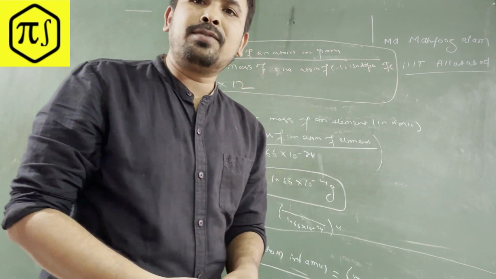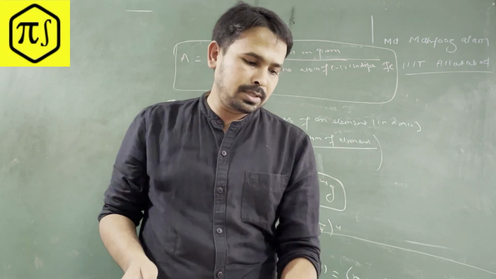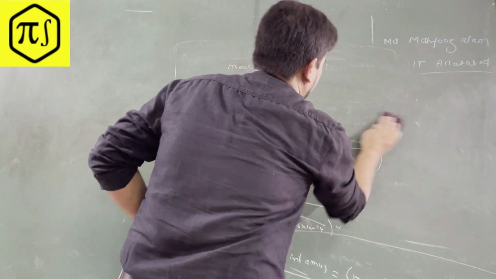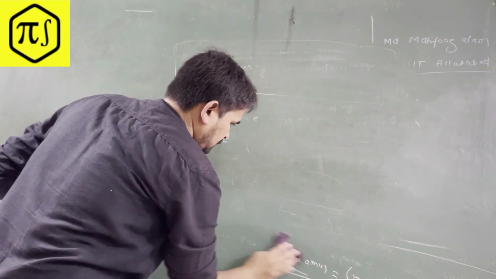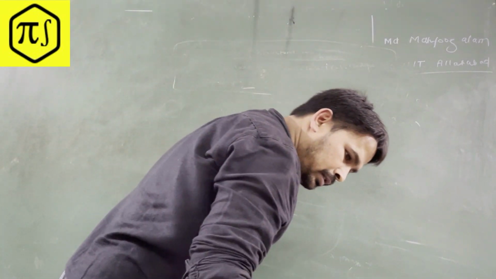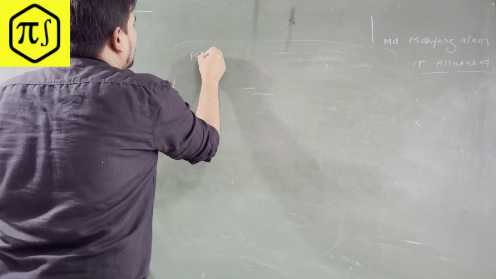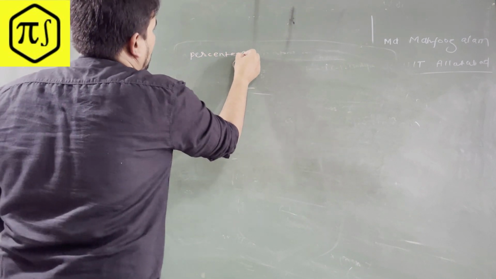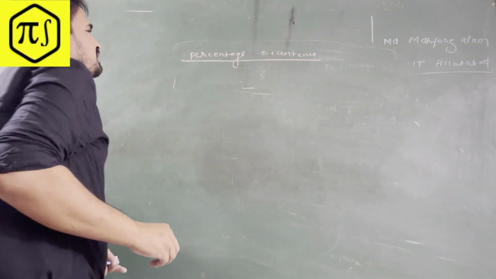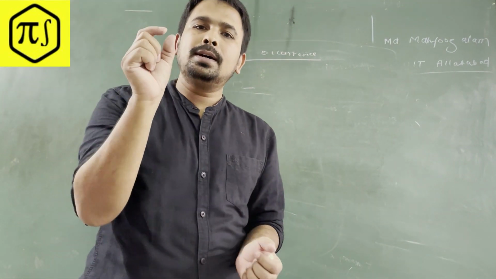So let's go ahead and derive. First we'll talk about the percentage occurrence, then we'll talk about the average atomic mass. Okay. So the percentage occurrence. Let's say the percentage occurrence we are talking about is in terms of the number of atoms.